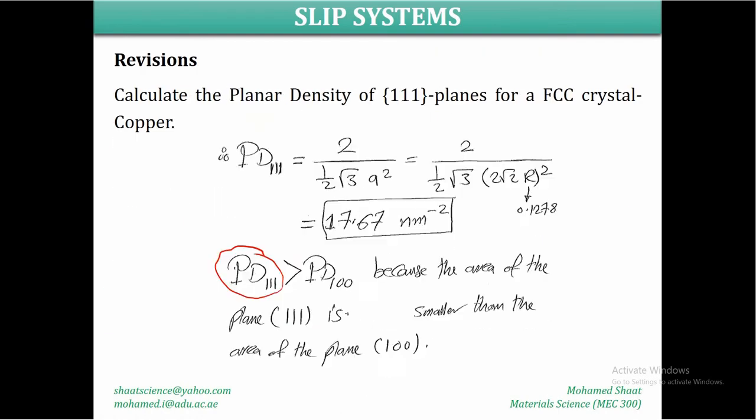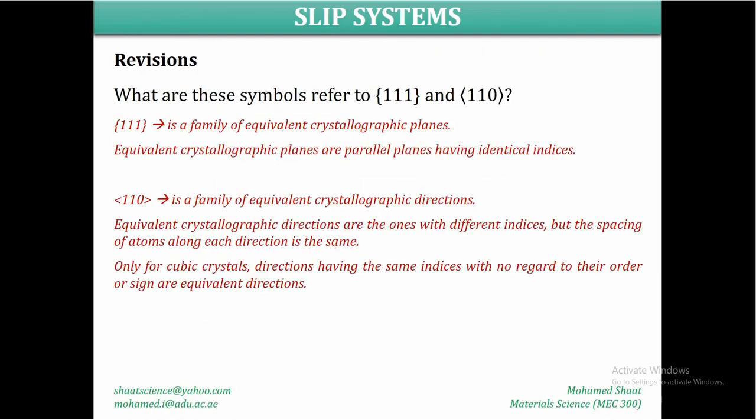For example, as we discussed in chapter 3, the 111 family is a family of equivalent crystallographic planes. All of these planes are equivalent, and we define equivalent crystallographic planes as parallel planes having identical indices, especially when we talk about the cubic crystal.